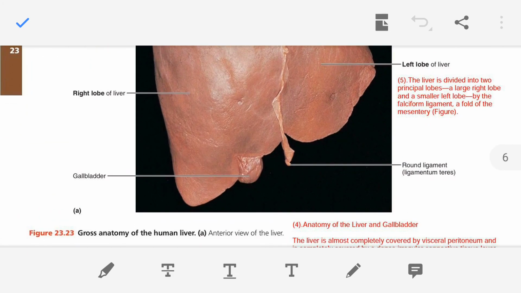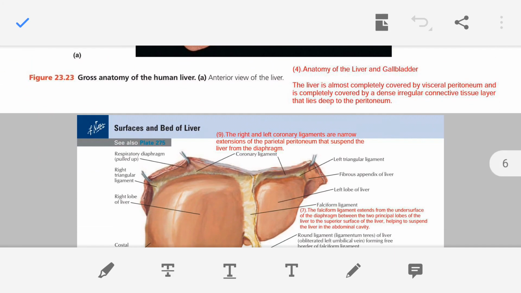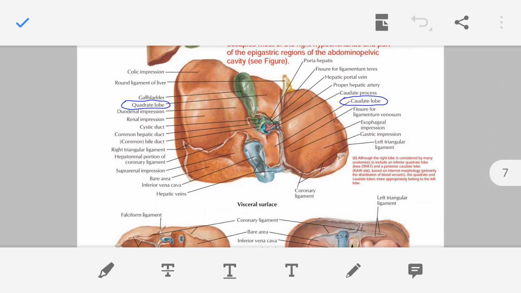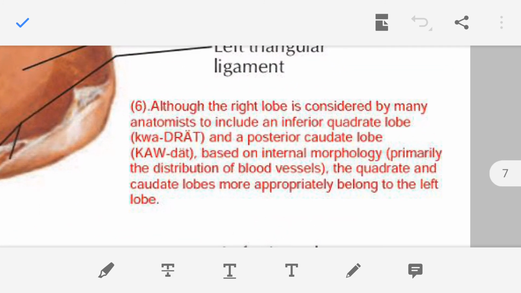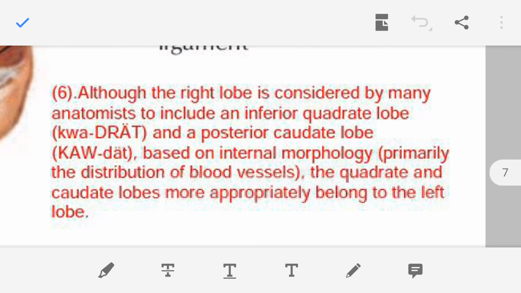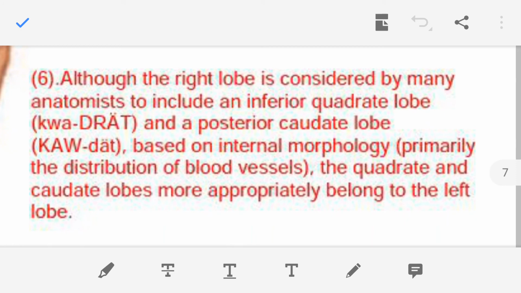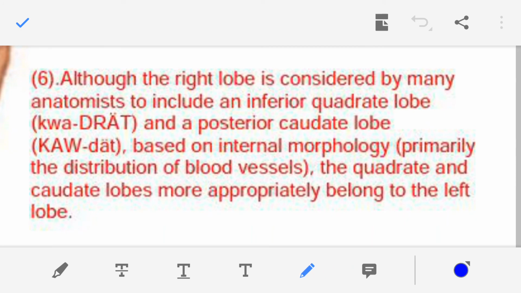Now moving on to the sixth point of our discussion. This is the sixth point. Now the right and left lobe are also subdivided into some lobes.